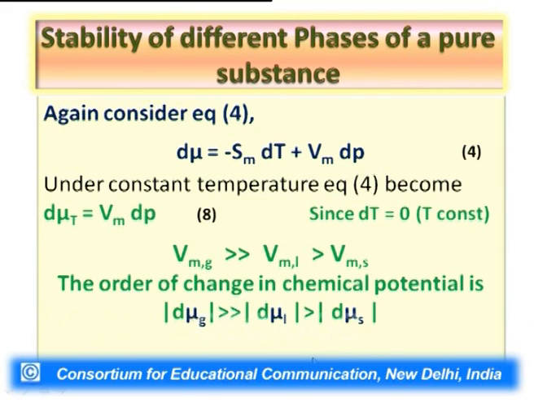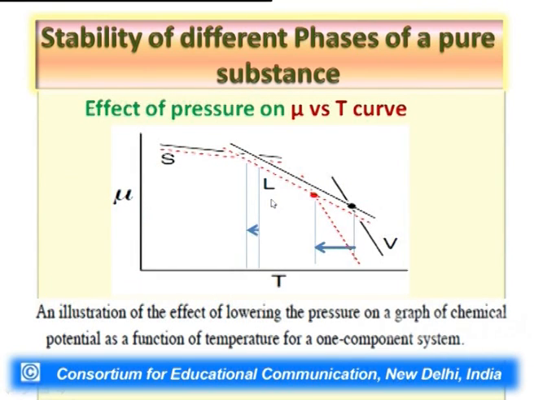phase, if the molar volume follows the order, molar volume of solid phase being the least and molar volume of gas phase being the most, and molar volume of liquid phase lies in between. If it is so, it means the chemical potential of the solid phase at every temperature should decrease with decrease in pressure. You can see the black curves are drawn at elevated, higher pressure, the red curves are drawn at lower pressure.